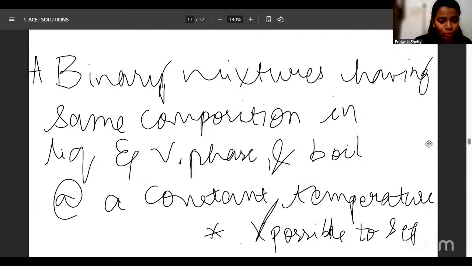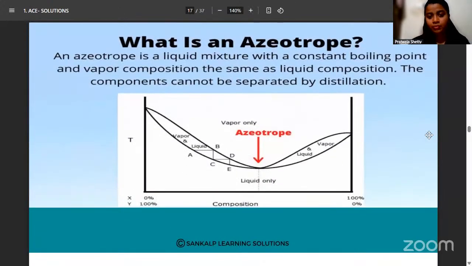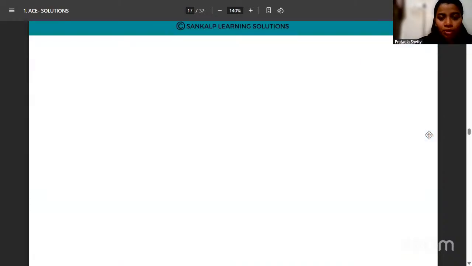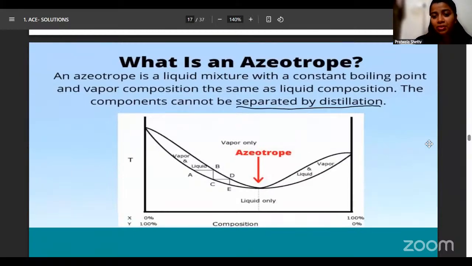Just remember the two definitions. That's enough about what azeotropes are. The components cannot be separated by distillation, as I told you previously.